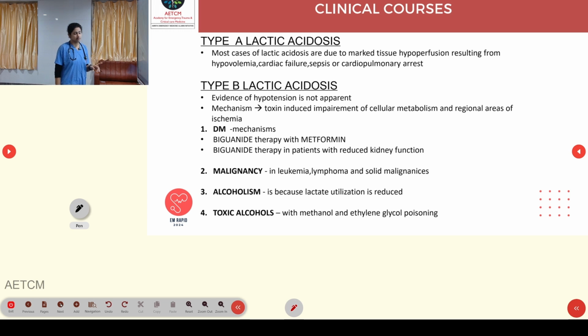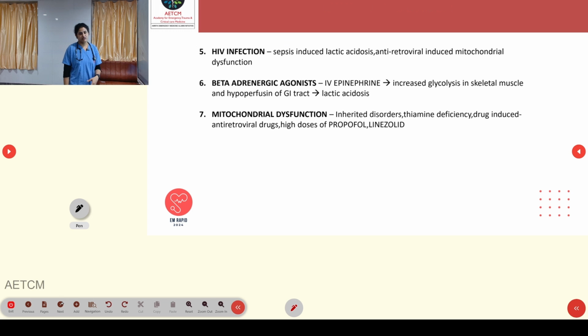And the second one is malignancy, in leukemia, lymphoma, or other solid organ malignancies. Alcoholism, because in alcoholism the lactate utilization will be reduced, and toxic alcohols. HIV infections, where it may be sepsis induced lactic acidosis and also antiretroviral induced mitochondrial dysfunction, and beta adrenergic agonists, that is IV epinephrine.